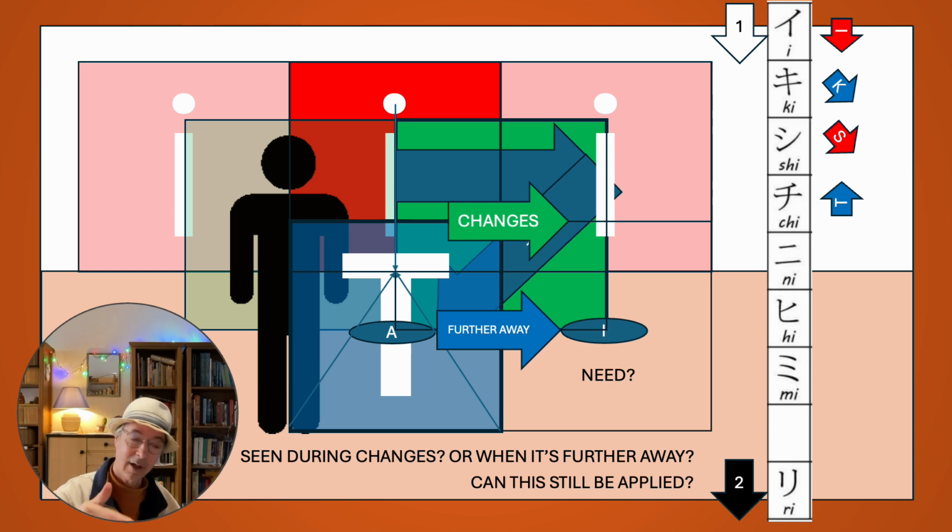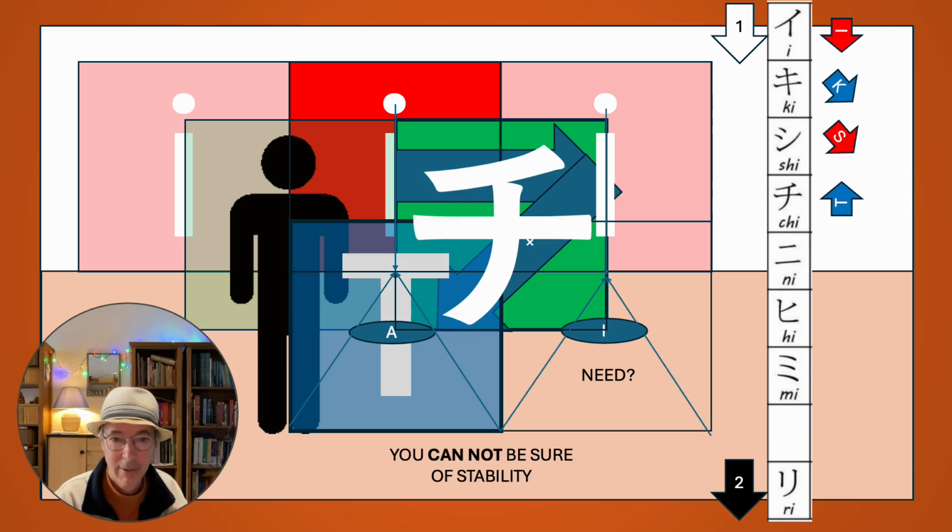These needs are further away, they change a bit further, so we have to not just deal with the local things directly, but also with the indirect local things, a bit further away, and that has to be expressed not with T, you can't do that, but of course with Chi.